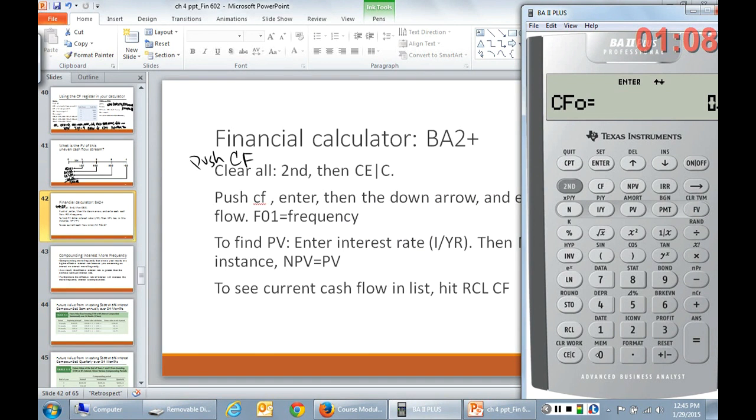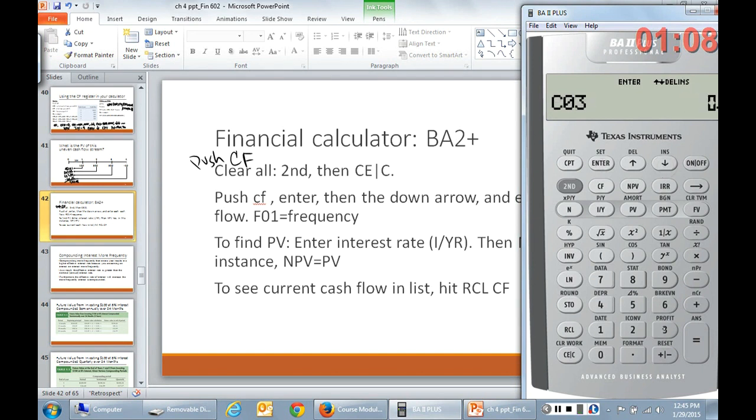So our first cash flow at time period 0 was 0. Enter and the down arrow. Cash flow at time period 1 was 100. Enter and the down arrow twice. Cash flow at time period 2 is 300. Enter and the down arrow twice.